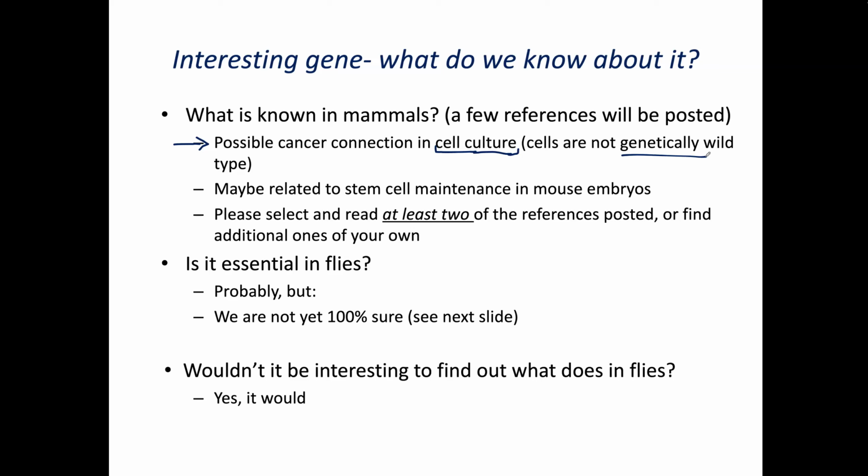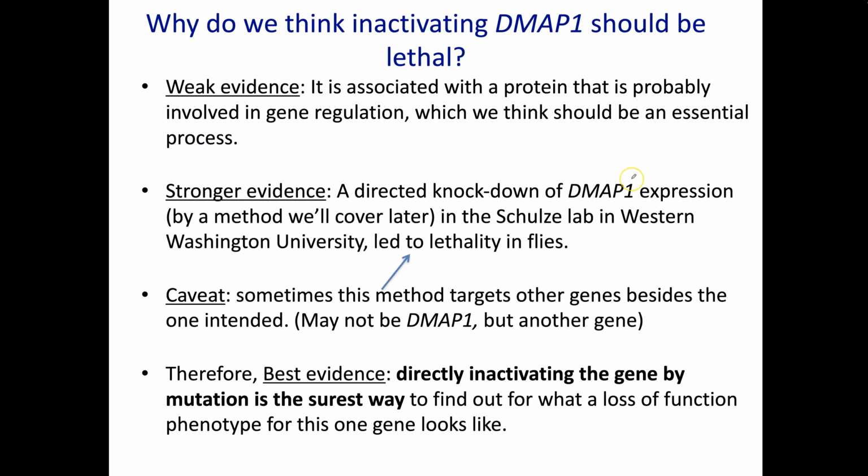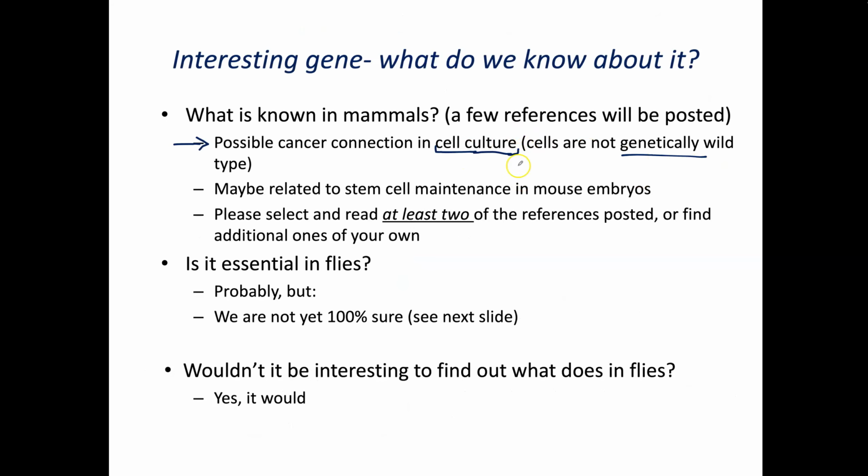If cells can grow in culture without having a specified lifespan, without dying eventually and finishing the number of cell divisions they can do, they are not genetically normal, so they have had some genetic alteration. And what that means is that we always treat the culture work with a little bit of caution.